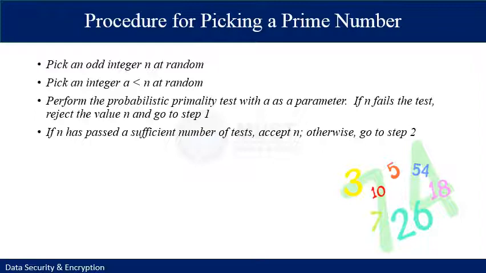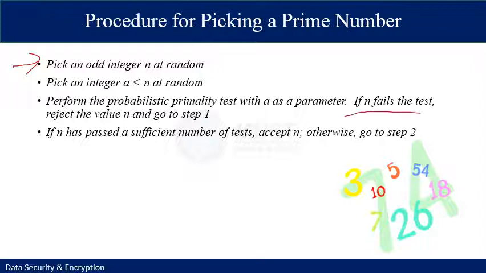The procedure for picking a prime number is illustrated in this slide. First of all, pick an odd integer n at random. This can be done using a pseudo random number generator. The next step is to pick an integer a which is less than n at random. Then perform a probabilistic test such as the Miller-Rabin test with a as a parameter.